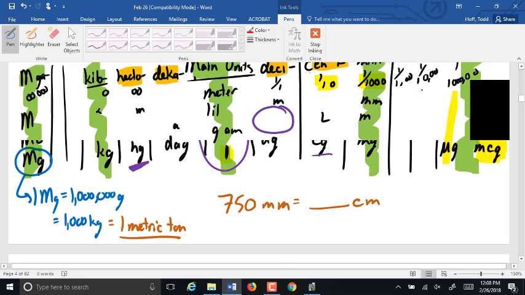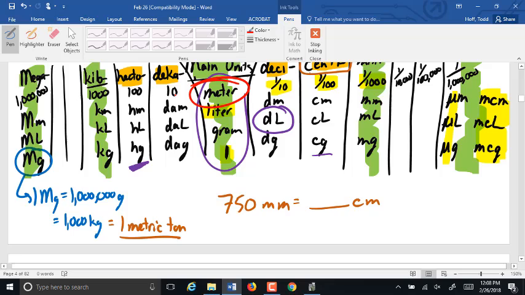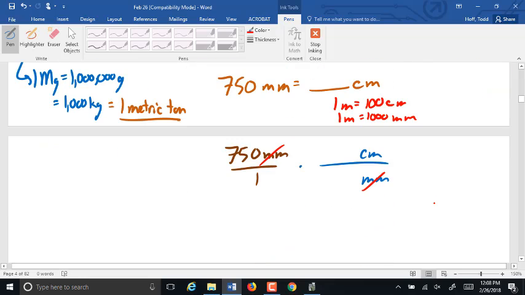If we look up here, the main unit is going to be just the meter. 1 meter is equal to 100 centimeters, or 1 meter is equal to 1,000 millimeters. So in our conversion factor here, 100 centimeters is equivalent to 1,000 millimeters because they're both equal to 1 meter.